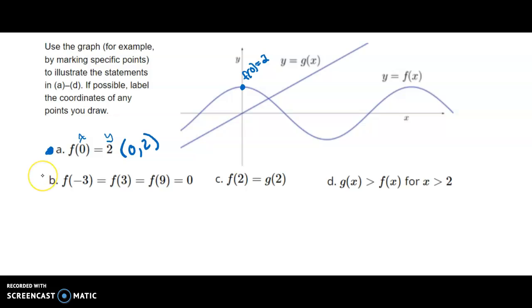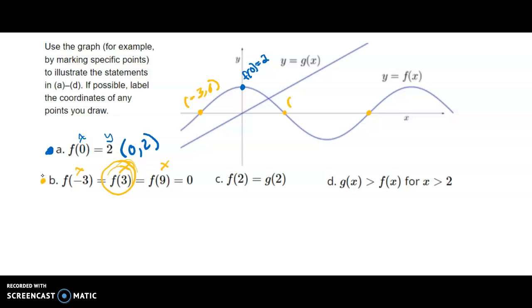So this one right here might look a little bit terrifying to you, but don't worry. It says that when my X is -3, so it's going to be about right here, when my X is 3 and when my X is 9, what do all of those be? Well, when X is -3, it's going to be the same as my F of 3, which both of these are going to be at a 0. So my Y is going to be 0.